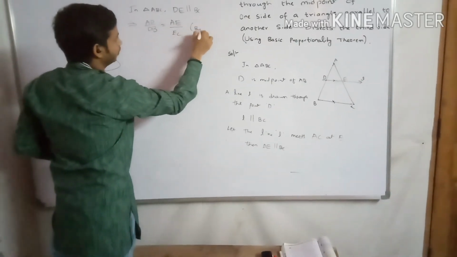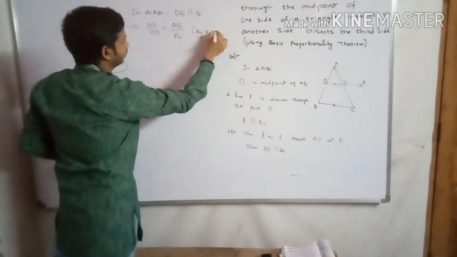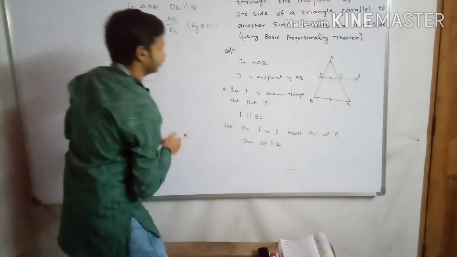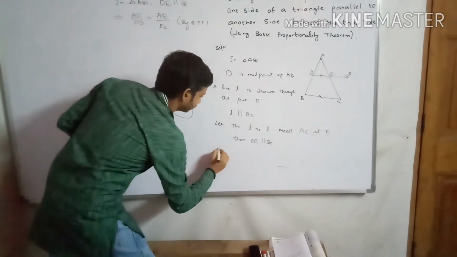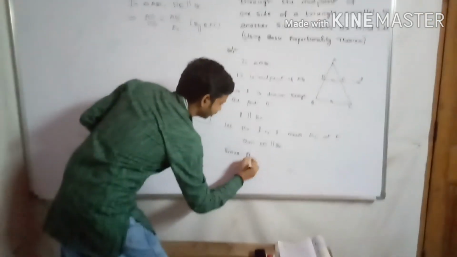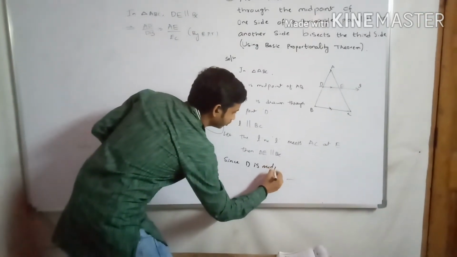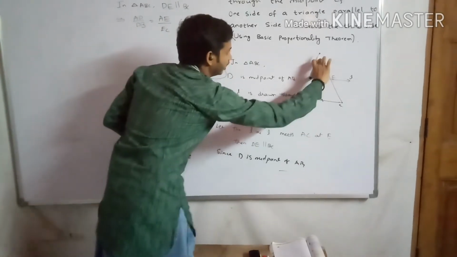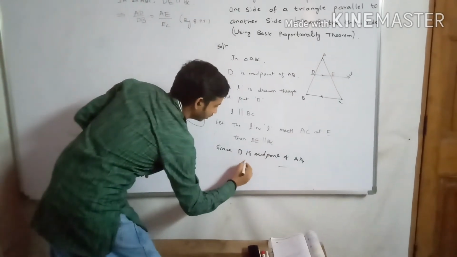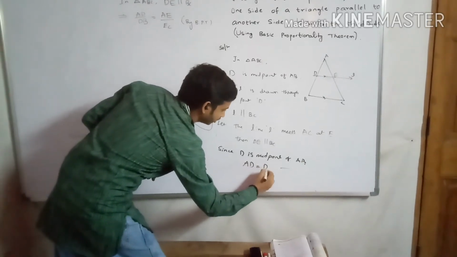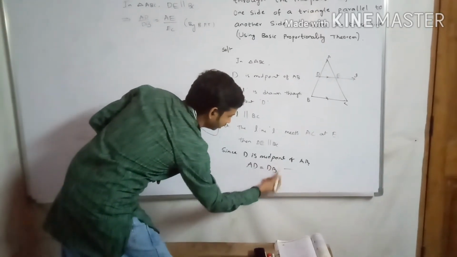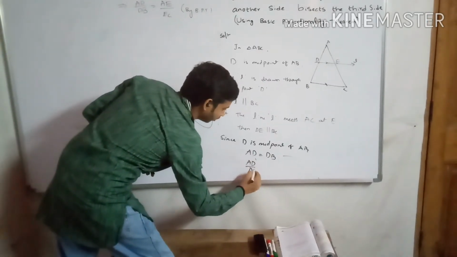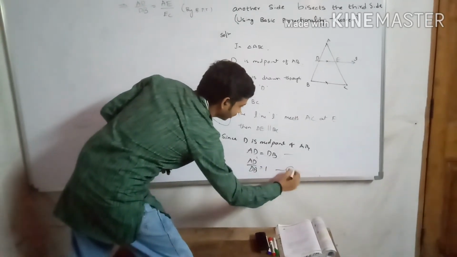Since D is the midpoint of AB, AD equals DB. That means DB comes to the left side and gets divided, so AD by DB equals 1. We consider this as equation 1.